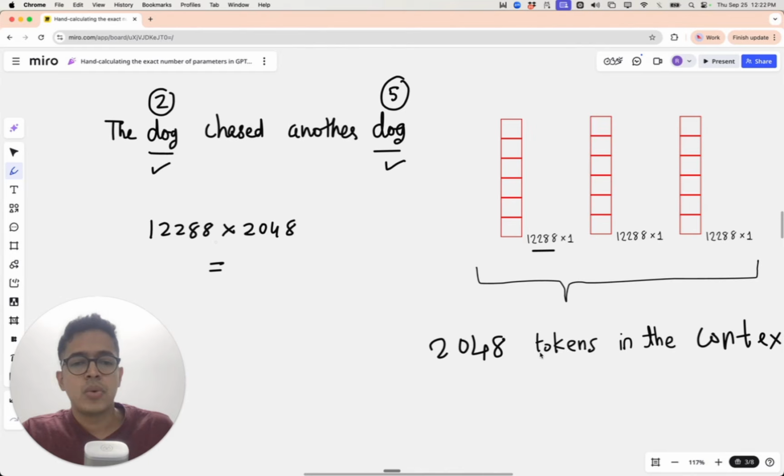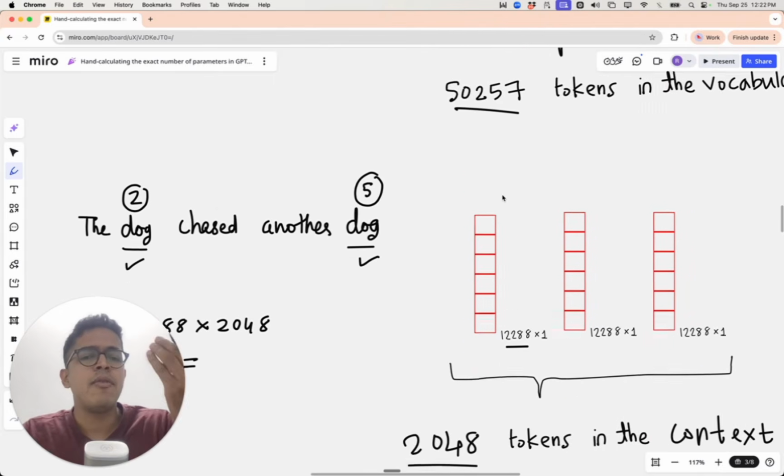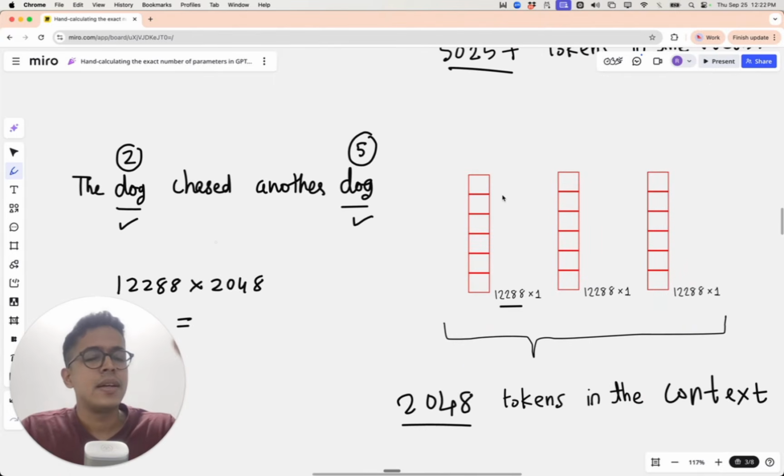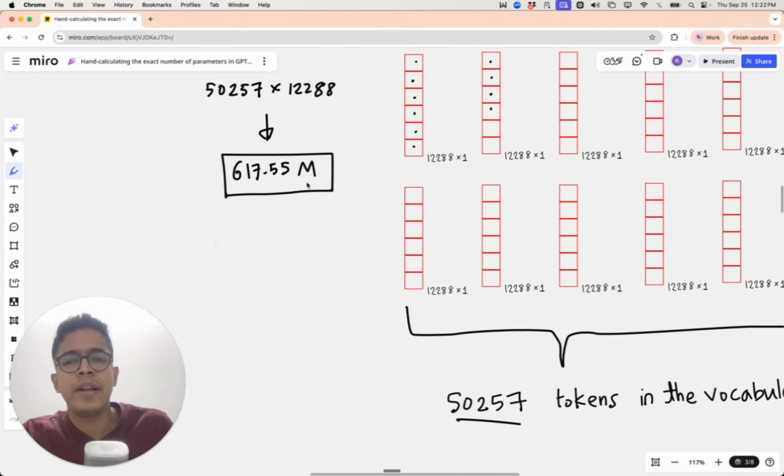So 2048 tokens in the context window, but roughly 50,000 tokens in the vocabulary, which means you have 1 by 25th the number of tokens in your context window. And what would that mean? The number of parameters will be 1 by 25th of this, which should be roughly 25 million, right? 25 multiplied by 25 is 625.